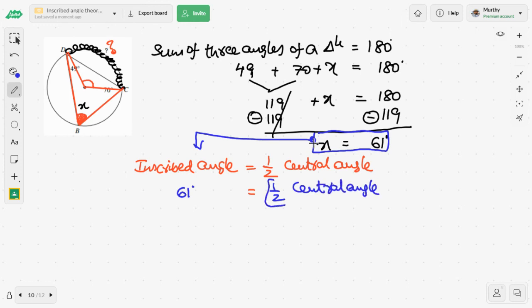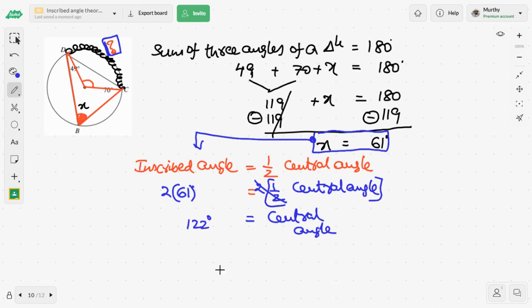You know how to eliminate this half by multiplying by 2 on both sides. So 2 times 61 is 122 degrees. That's the central angle value. If it is 122 degrees, obviously the intercepted arc is also 122 degrees.